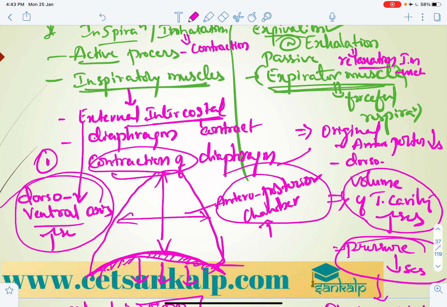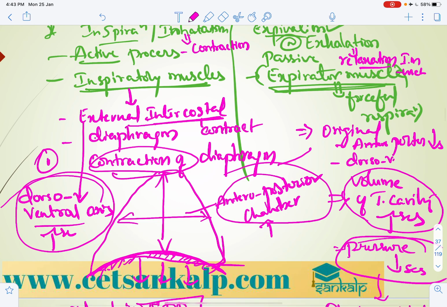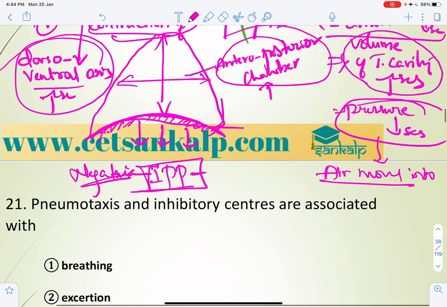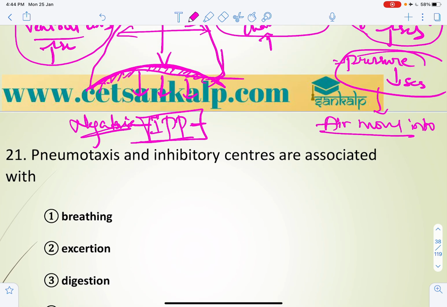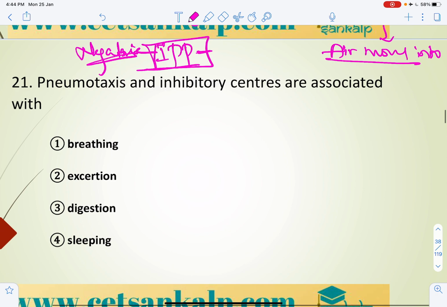The chest cavity is the ventral side, and the back side, the vertebral column, is the dorsal side. So dorsoventrally all those decrease, meaning they get back to their original position. Then the volume decreases. It is vice versa. When the volume decreases, pressure increases, and air rushes out of the lungs. So this is what you have to keep in mind.